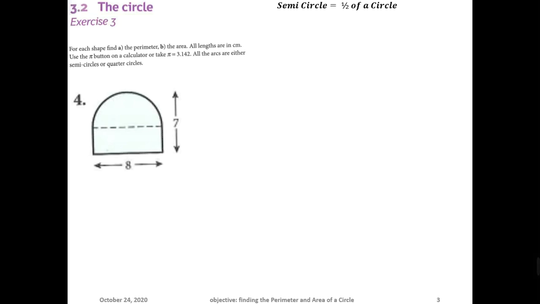So the semicircle is half of a circle, and the radius is d over 2, the diameter over 2. So it's 8 over 2, or half of the 8, which is 4.